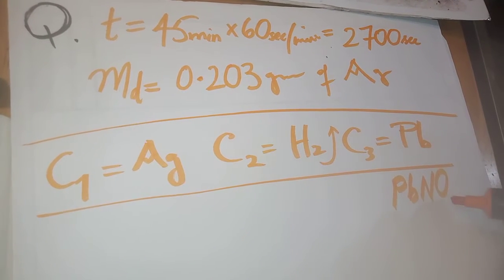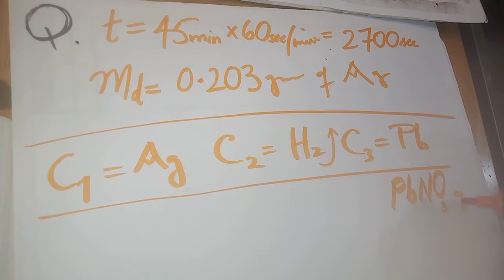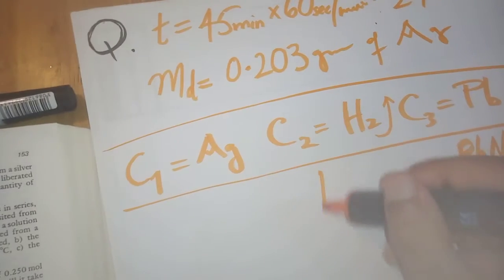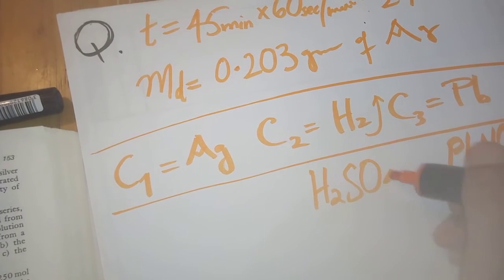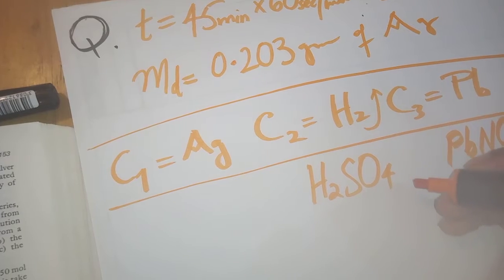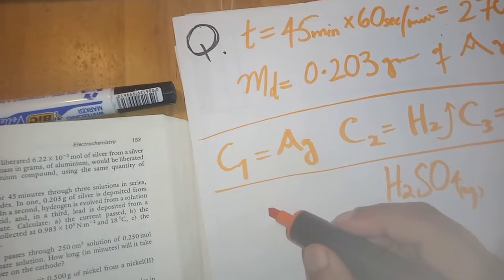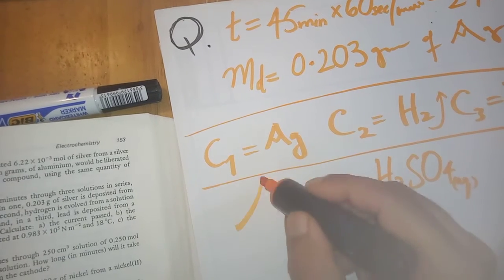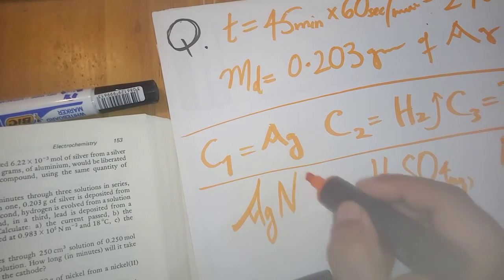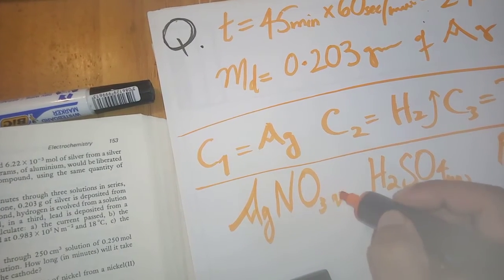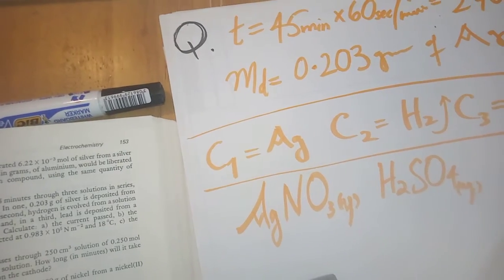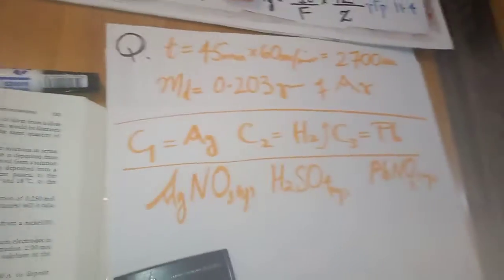I'm going to put aqueous, and when I put aqueous it means a solution. The second one will be H2SO4, aqueous, is it? Yes. And the first cell is silver nitrate, as is very typical. Silver nitrate solution. So just draw a boundary here.